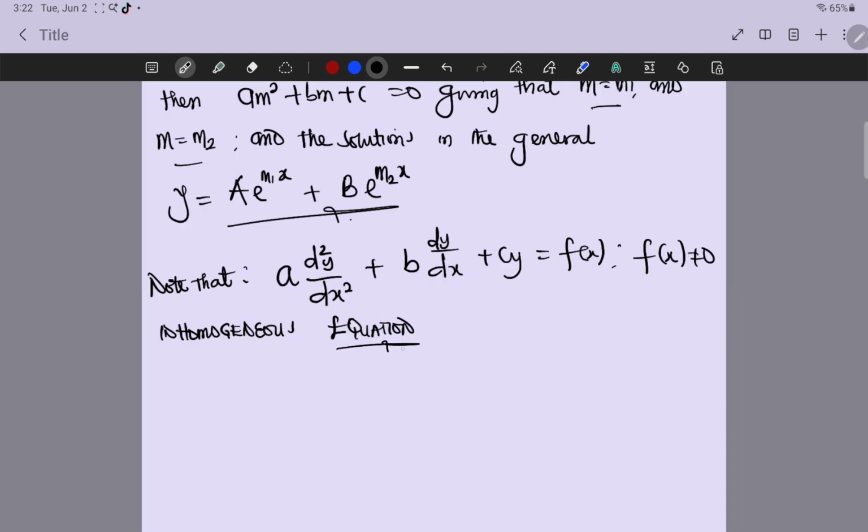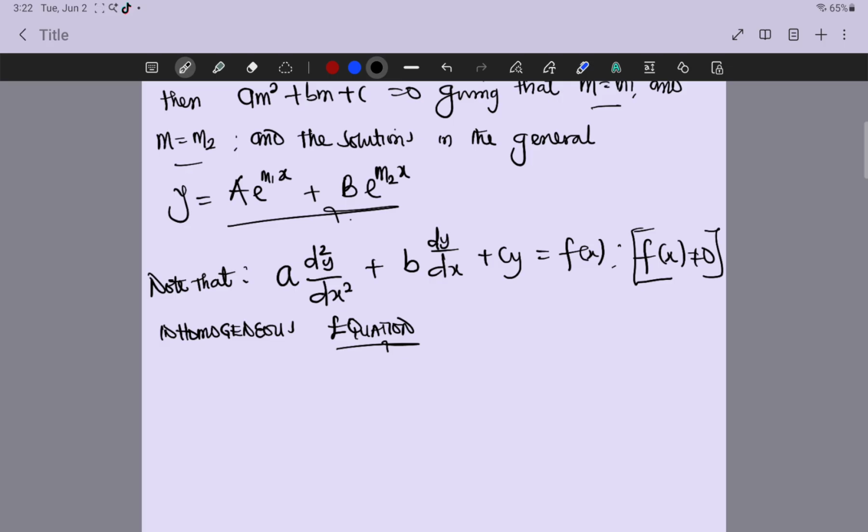An inhomogeneous equation. As long as f of x is not equal to 0, that's the major thing there. We call it an inhomogeneous equation, right?